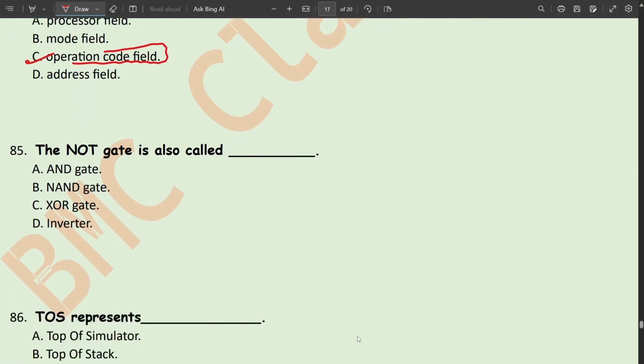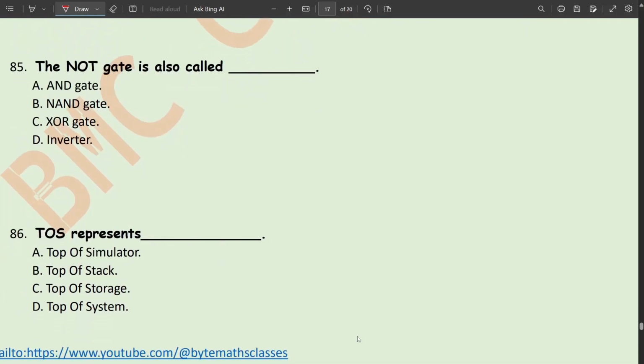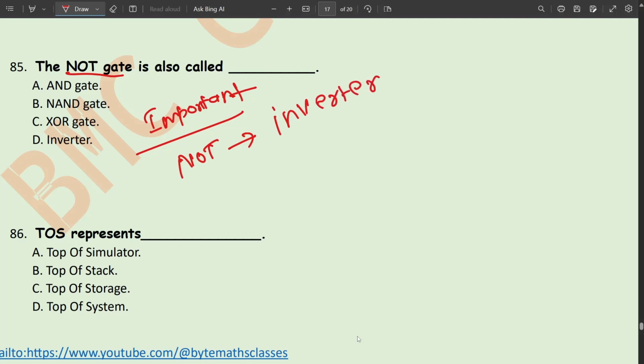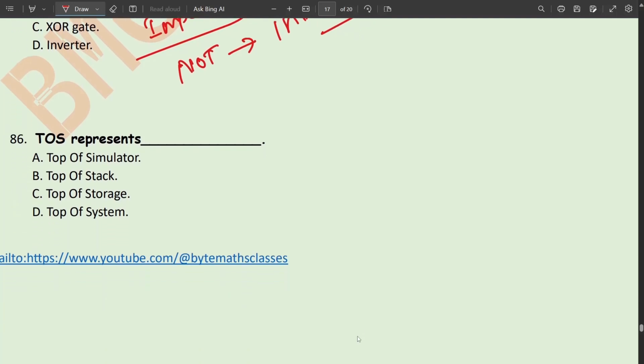Next, the NOT gate is also called, this is an important question, again I am saying that NOT gate is an inverter. So option number D is correct. Next, TOS represents, option number B, top of stack.